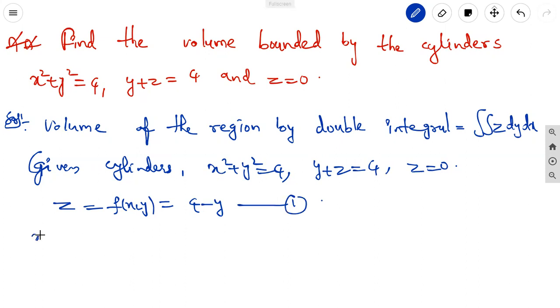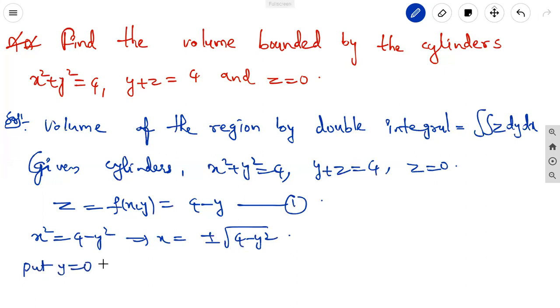And another thing is x squared equals 4 minus y squared. From this, x equals plus or minus the square root of 4 minus y squared. Put y equal to 0, put x equal to 0, then 4 equals y squared.